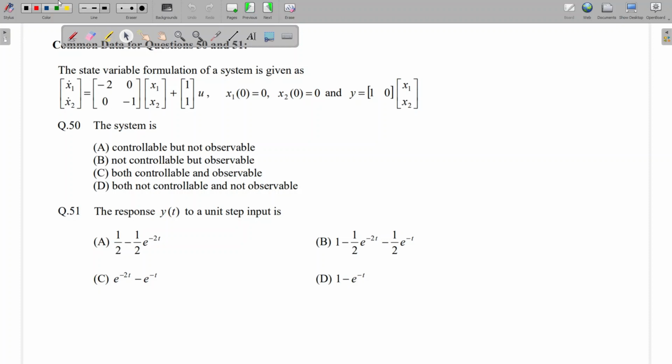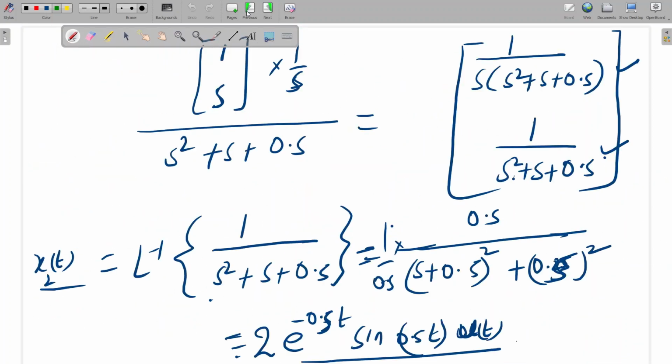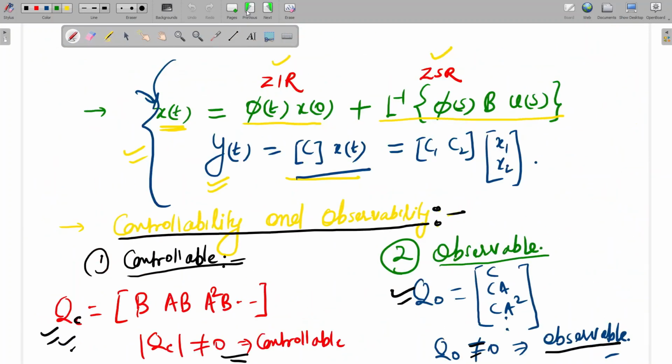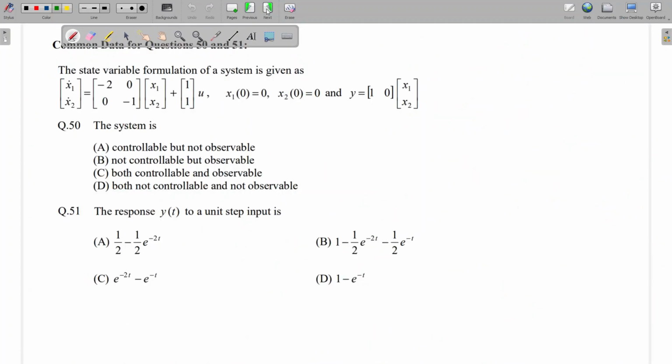This is one question, from a previous year GATE only. So we'll see whether it is controllable or observable. That method I have already explained here. It is written here: B, AB, A square B, we have to write. So for controllability, B, AB, A square B, this kind of matrix we write. For observability, C, CA, CA square. So I will do this for this question. I am writing QC. QC is equal to B, so B is 1, 1.